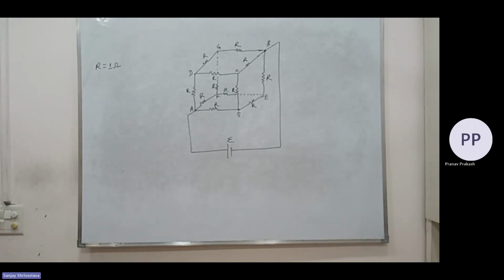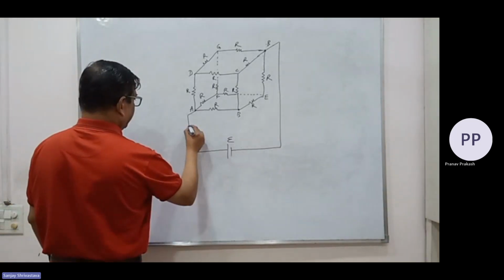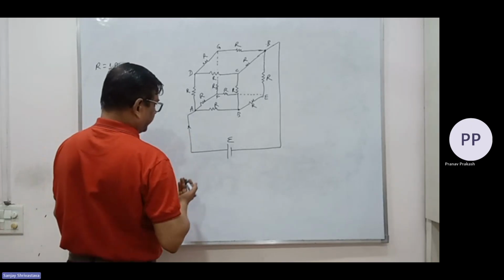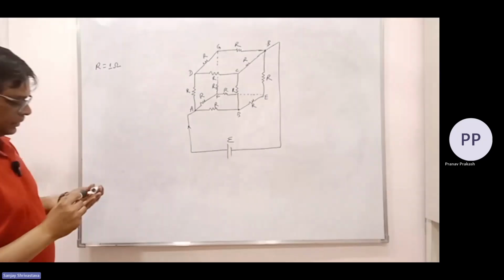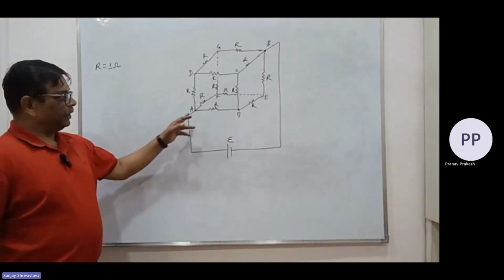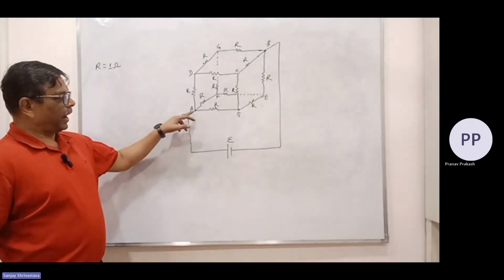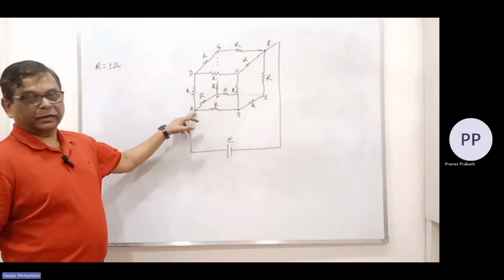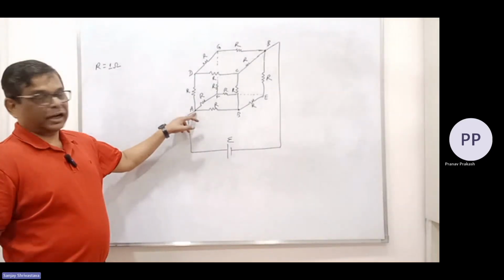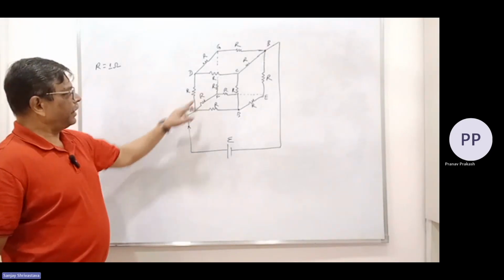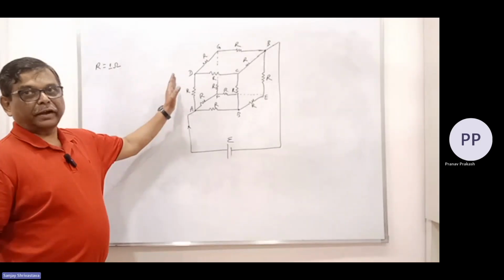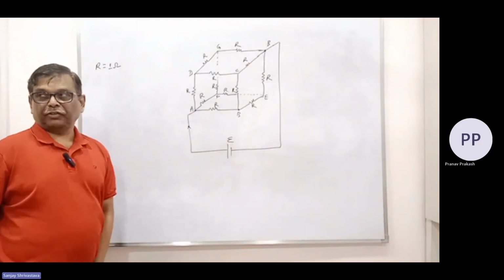Now we can apply both the KVL and KCL concepts. If any amount of current is going from here, that current will get equally distributed in the three parts, because at junction A there are three arms, AB, AF and AE, and they have the same values of resistance.